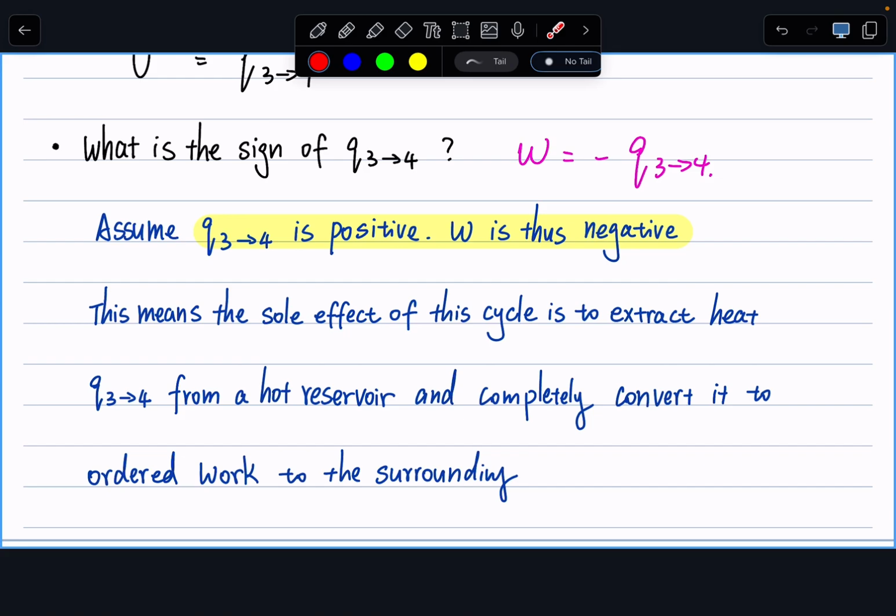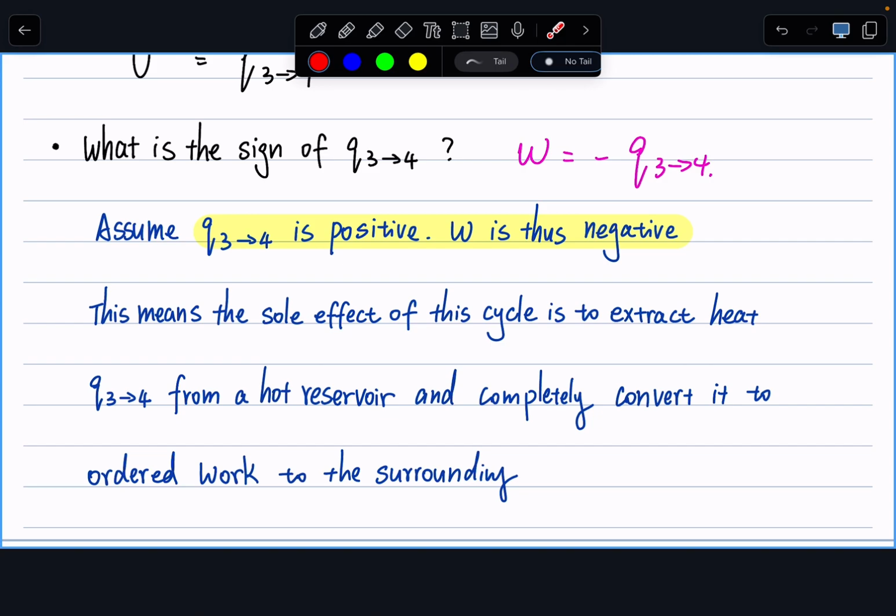So here is why this cycle will violate the second law of thermodynamics if my Q 3 to 4 is positive. Remember, in the second law, a cycle's sole effect cannot be transferring random molecular energy, like heat, into ordered mechanical energy, like work. But if my Q 3 to 4 is positive, then my work must be negative, so my cycle's sole purpose is transferring heat into work. And that violates my second law of thermodynamics.